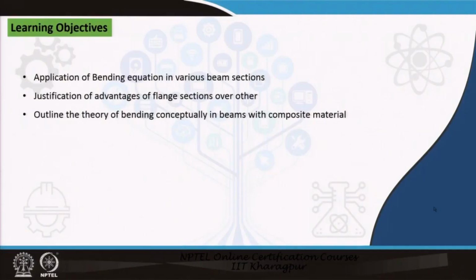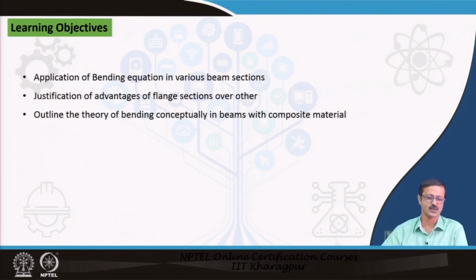So, the learning objectives of this lecture are: we will apply the bending equation for various sections, and we have to justify the advantage of the flange sections chosen for more general cases of the other types of sections, why we choose them.